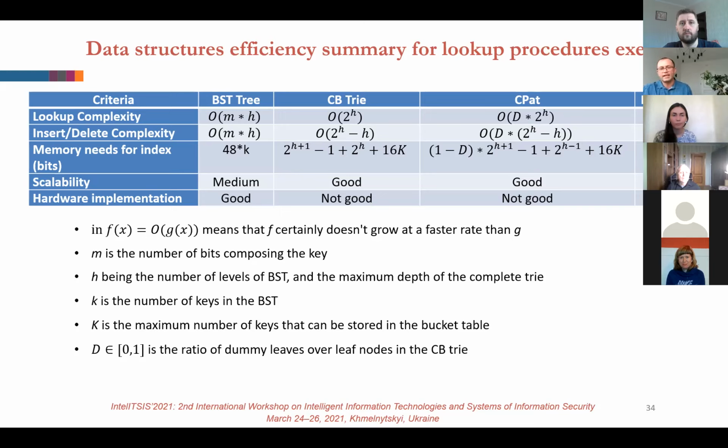Also, since in a trie we have only one possibility to check the lookup keys one by one, this is also not suitable, because we would like to perform these checks in parallel. This is why we say that this implementation is not sufficient. Others, for example hash tables, provide the possibility to perform it in parallel, and only one operation, computing the hash values, needs to be performed. This is how it looks.